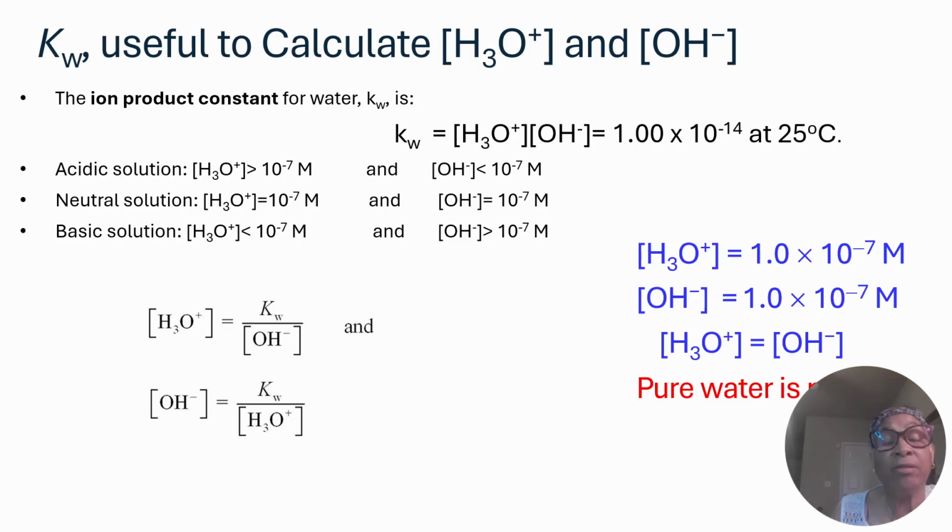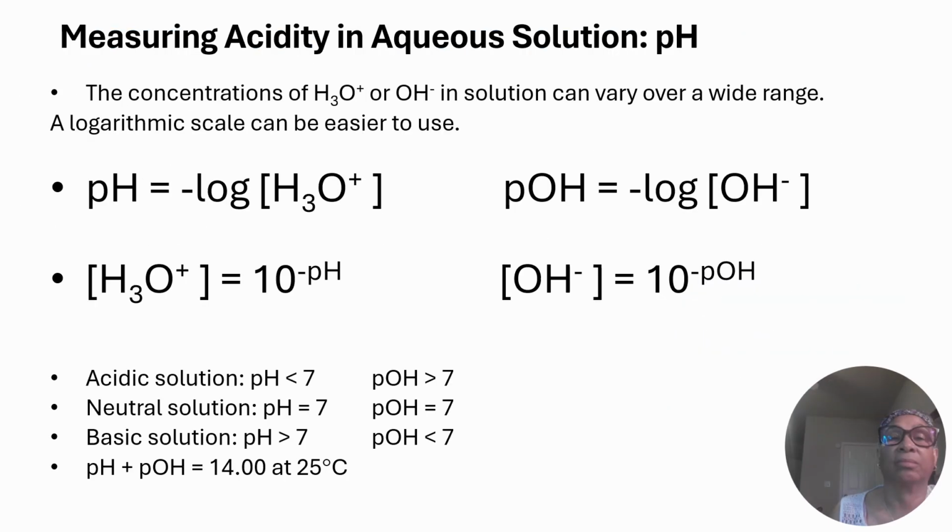If we know the concentration of hydronium of a solution, we can use the Kw to calculate the concentration of the hydroxide ions. The acidity or basicity of a solution is often expressed as a pH.